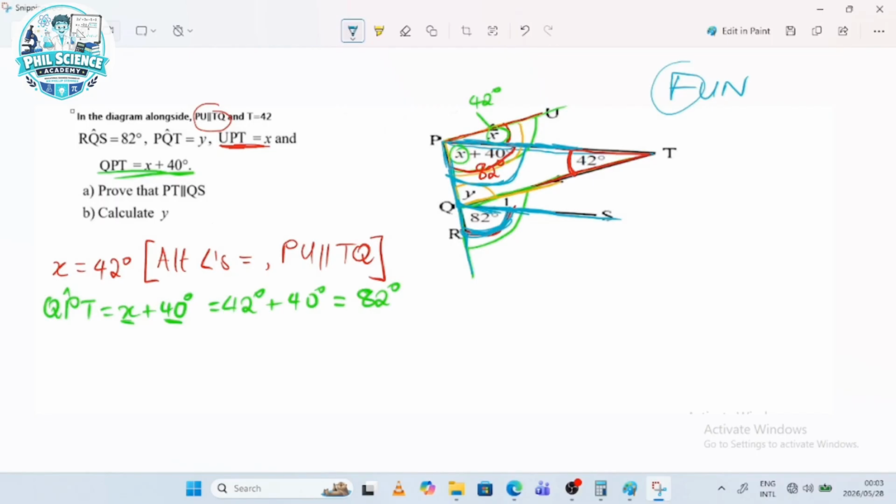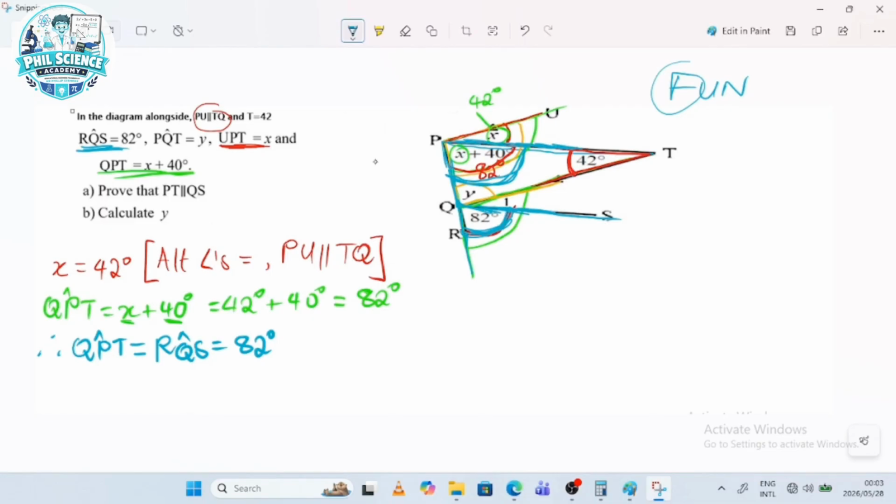Can you see it? So we can conclude that angle QPT is equal to this angle here, which is equal to 82. It's equal to angle RQS. Hence they are both equal to 82 degrees.